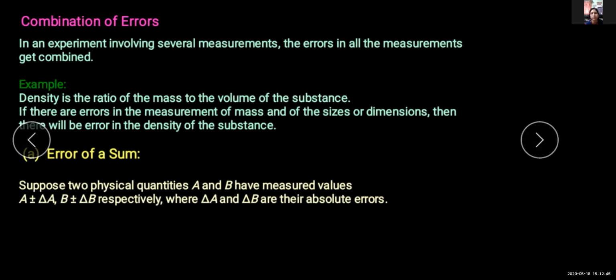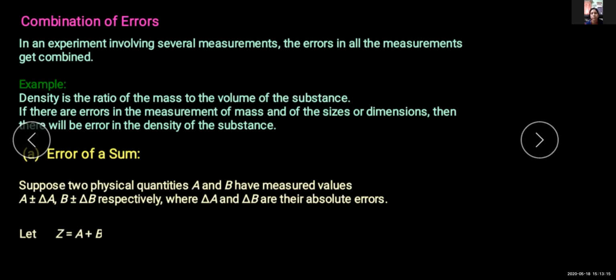Suppose we have two physical quantities, quantity A and quantity B. We have measured value A plus minus delta A, and we have measured value B plus minus delta B respectively, where A is the measured true value and delta A is the uncertainty in measurement, where B is the true value and delta B is the uncertainty in measurement.